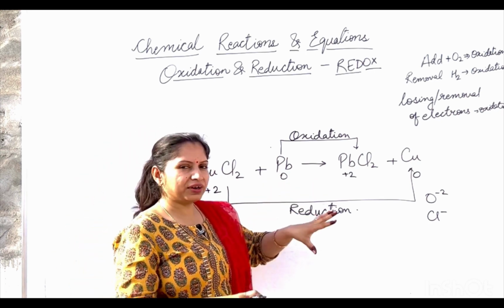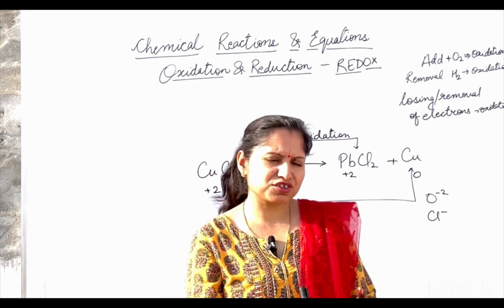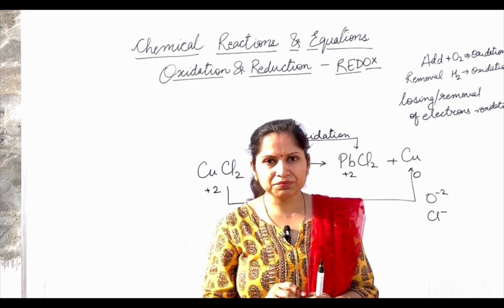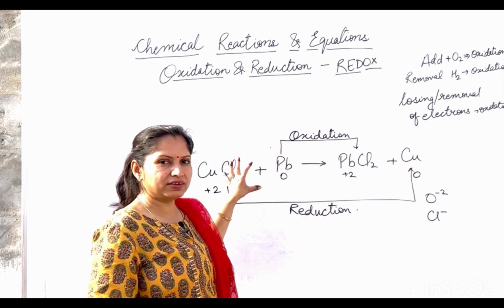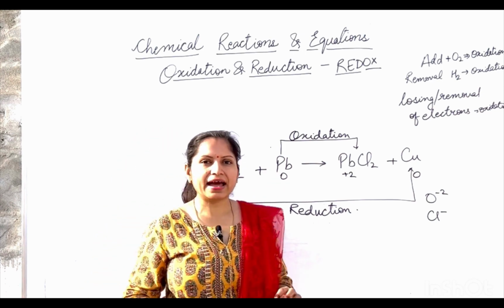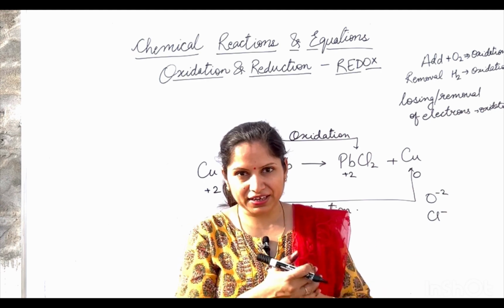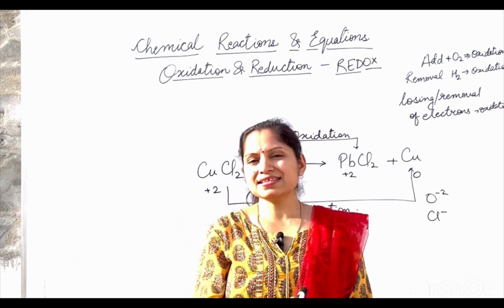So chlorine is like a brother of oxygen, isn't it, sister also it could be. So chlorine, oxygen, whenever you see them in the reaction, if you observe that instead of oxygen there is chlorine, just remember that chlorine is a relative of oxygen because both are electronegative, both are non-metals, and that is why their behavior is similar.